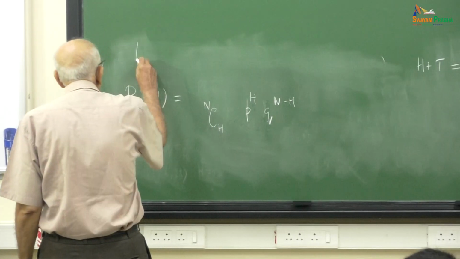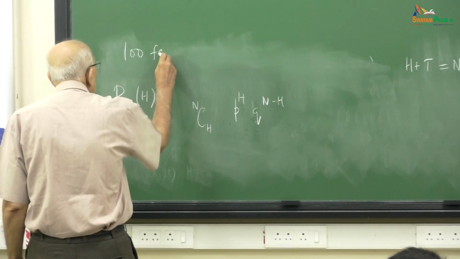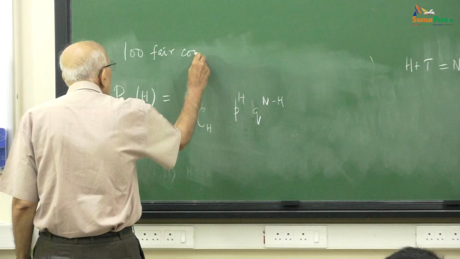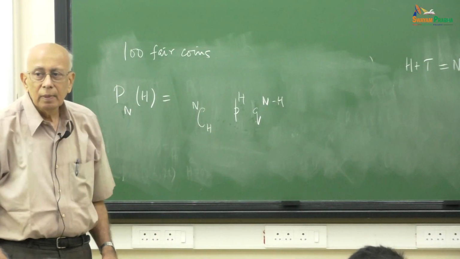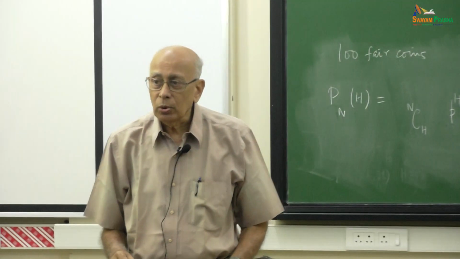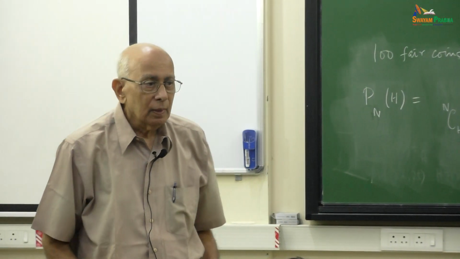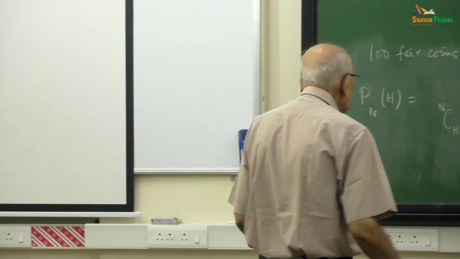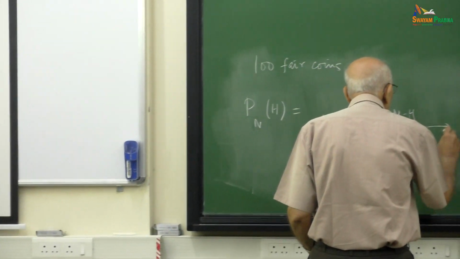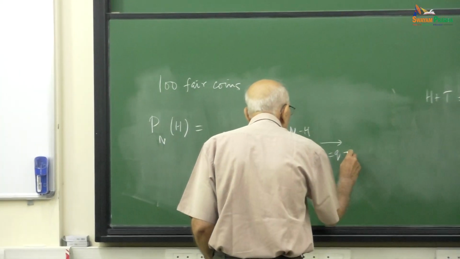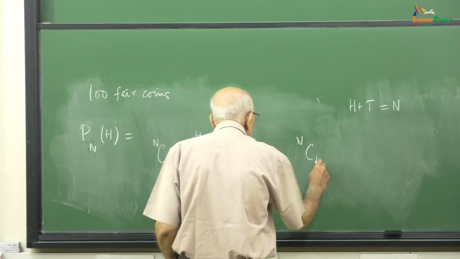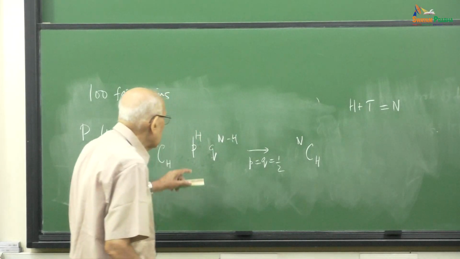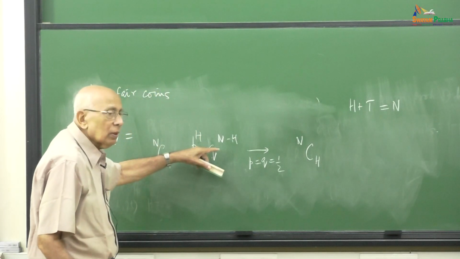And let's make life simpler: 100 fair coins. Fair means p equal to q equal to half. What happens for a fair coin? This remains nCh, but this is half to the power h, half to the power n minus h.